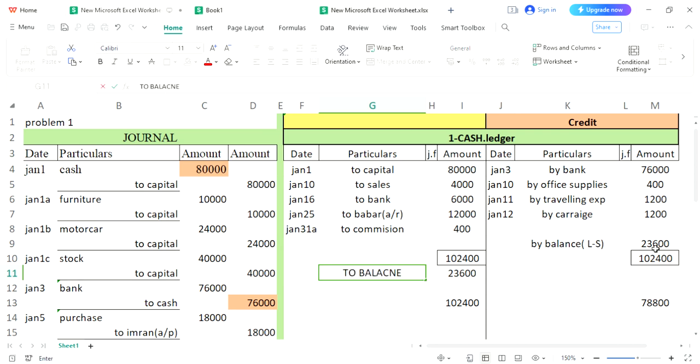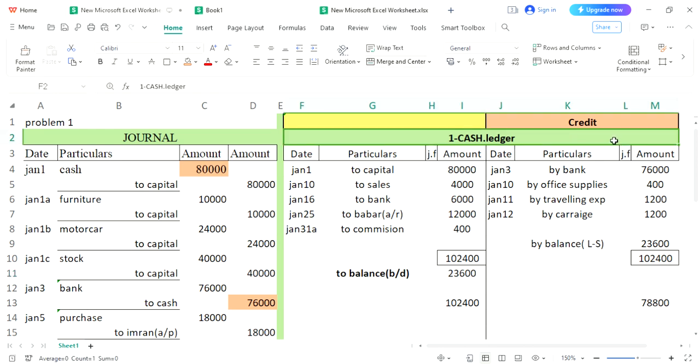But this balance would be a little different balance. Since you have brought this balance downward, it would be written as BD, BD for brought down.